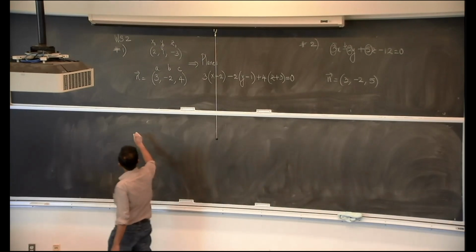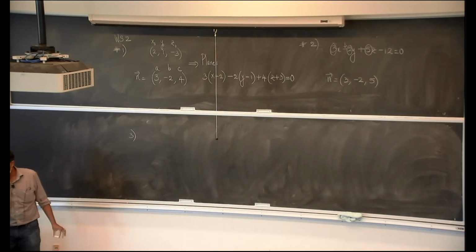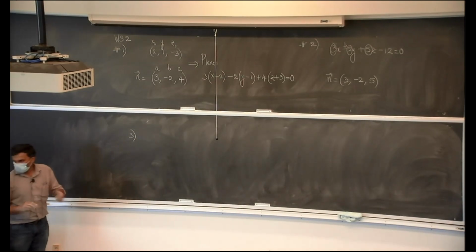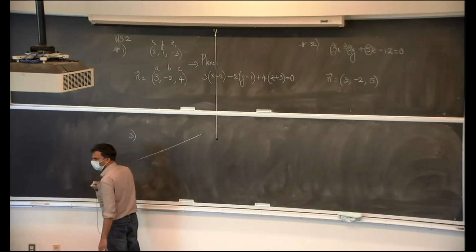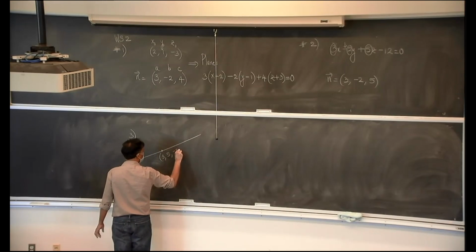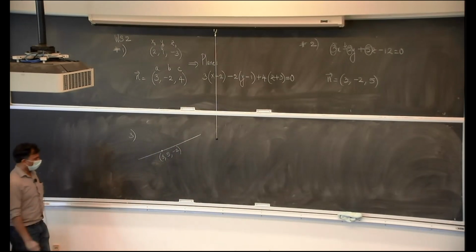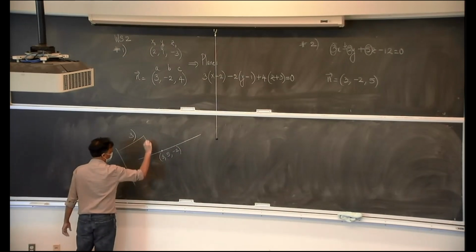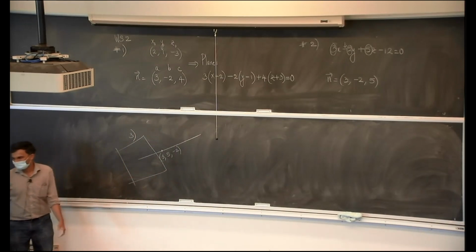Number 3. Let's draw a picture for this, because you have to make the connection here. You're given a line that passes through the point (3, 5, -2), and it's perpendicular to the plane. So the plane is sitting like this, and the line is perpendicular to it.